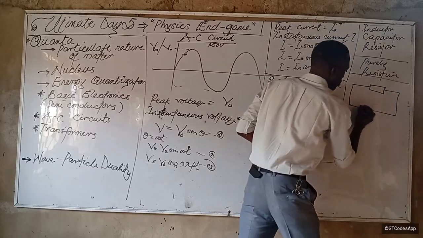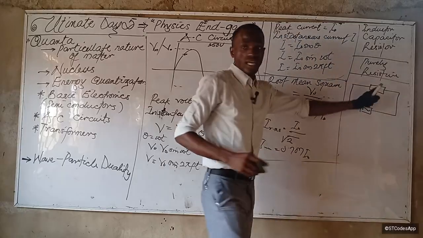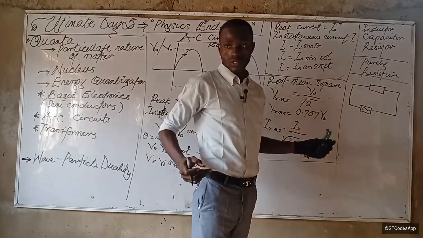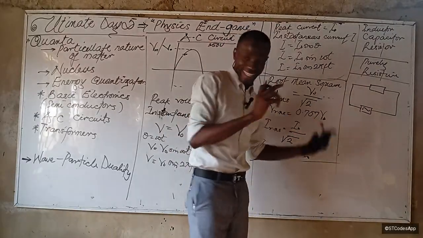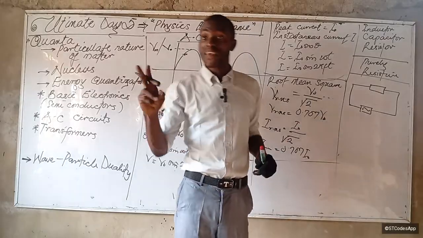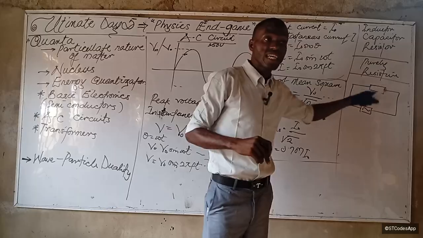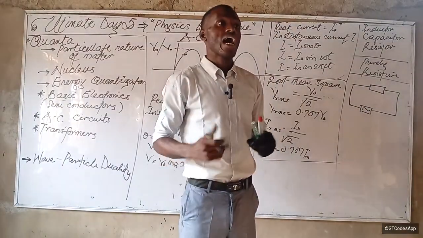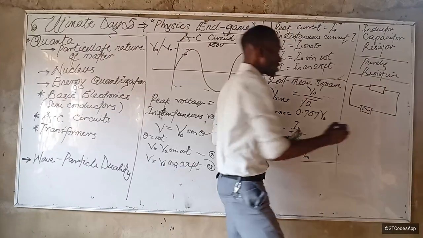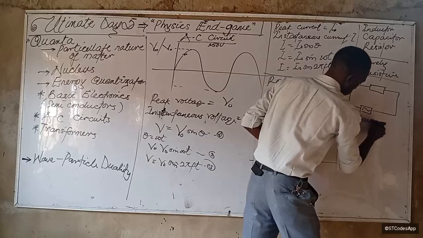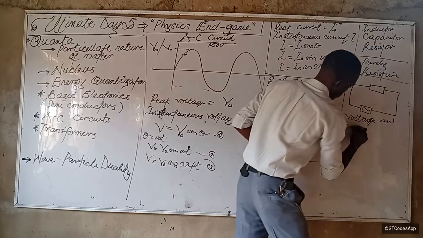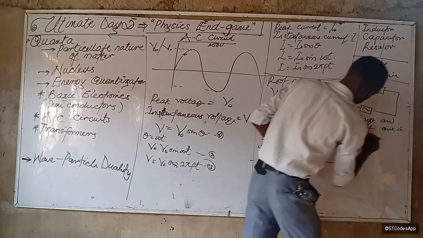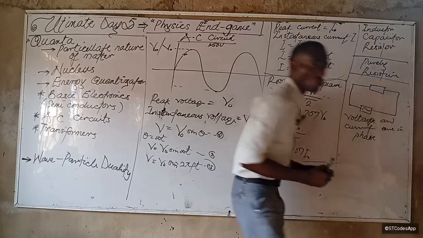So the only thing that is consuming power here is our resistor. And it's connected in series to the source. Is that okay? So in this condition, because it is a purely resistive circuit, voltage and current are in phase. Voltage and current are in phase, which means that they flow together.